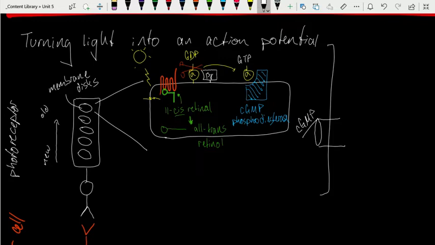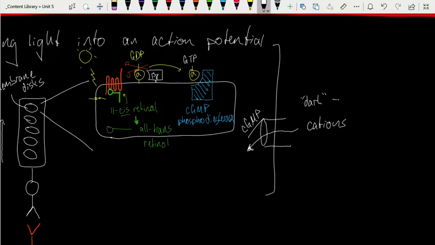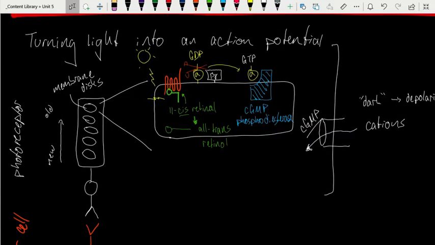But this is a cation channel. And so remember, this is in the dark. Cations continue to come into the cell. And as cations come in, this leads to a continual depolarization and release of neurotransmitter.